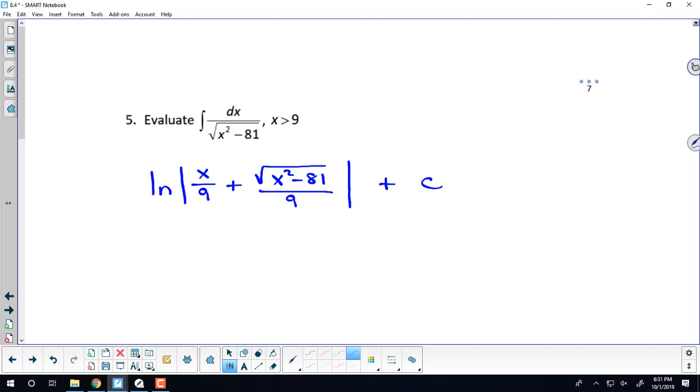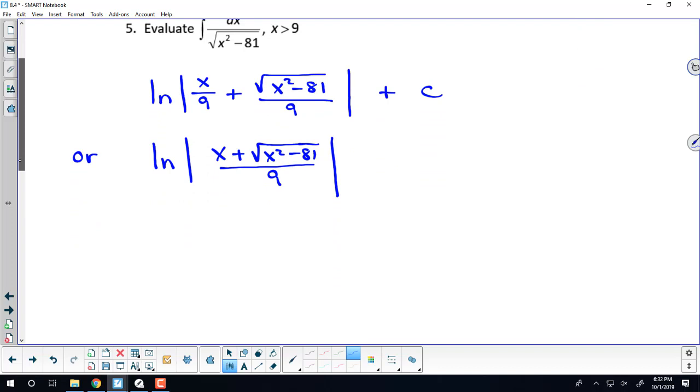And this one here, we could apply the same trick we applied in example 4, where we could add what's inside the absolute value and then use properties of logarithms to simplify that. So remember how we turned that into a difference, the numerator and denominator, and then this, the ln of 9 would get absorbed into that constant.